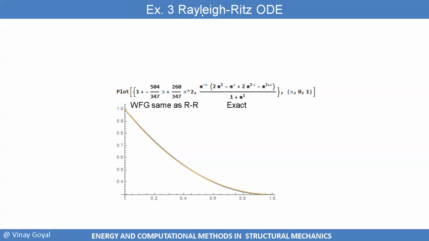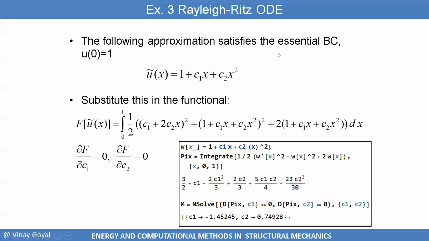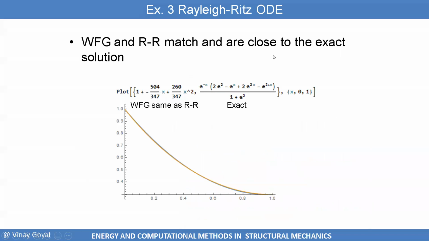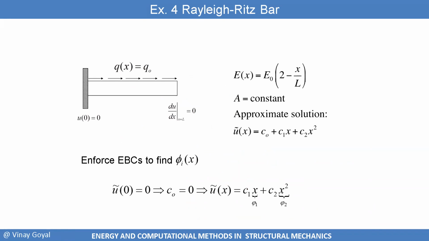Okay, so we'll go now to the next example, which is a Rayleigh Ritz bar. This is an interesting one. It's a modulus. Nowadays, with additive manufacturing, perhaps you can apply a functionally graded material, called FGM.